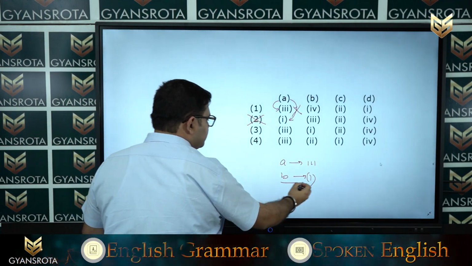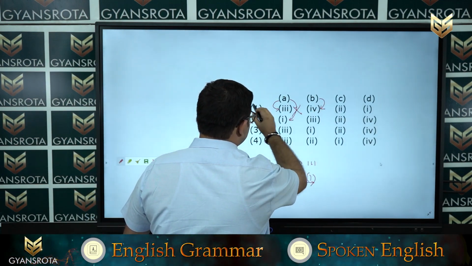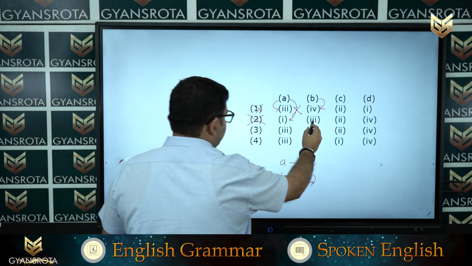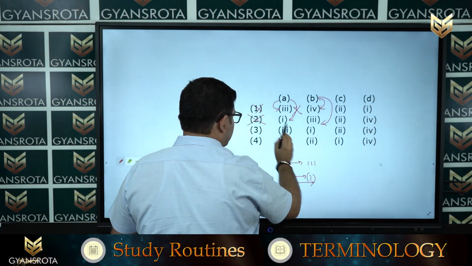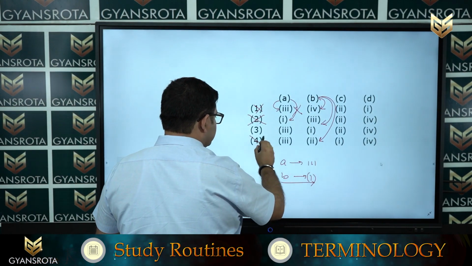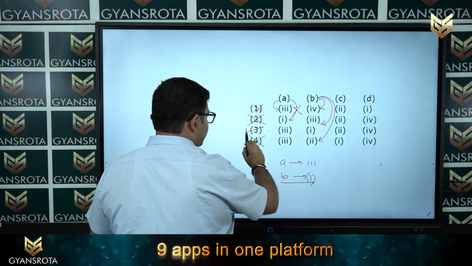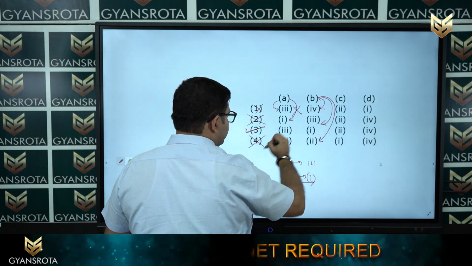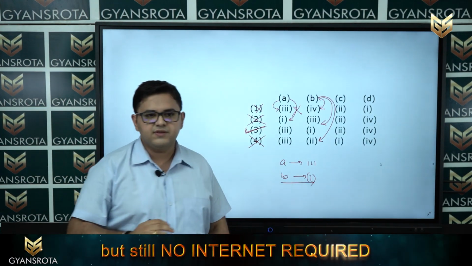Now, B match with 1. Here B match with 4, so this one is not possible. Again B match with 3, this is also not possible. B match with 2, this is also not possible. So, we have left only one option, that is option number 3, where B matches with 1. So, option number 3 is the correct answer.